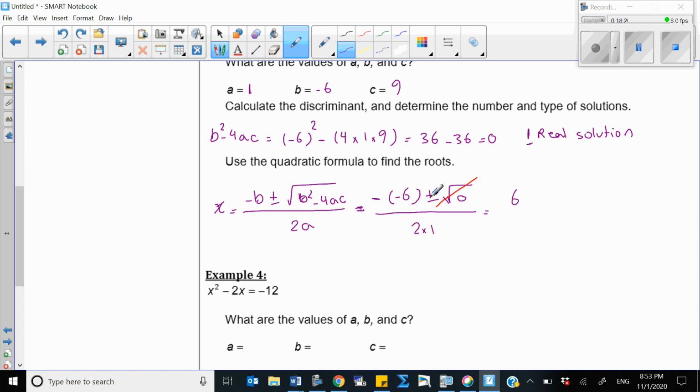And because it's plus and minus 0, it's not going to change my answer, so I'm not going to write even that part. Then at the bottom of this fraction, 2 times 1 is 2, so it's equal to 3. So that's why if our discriminant is 0, we're going to have only one solution, and in this case it's 3.